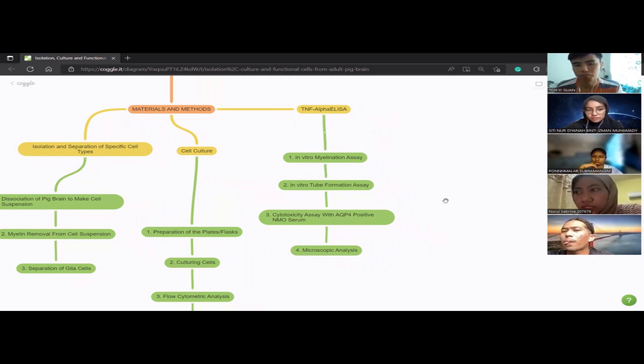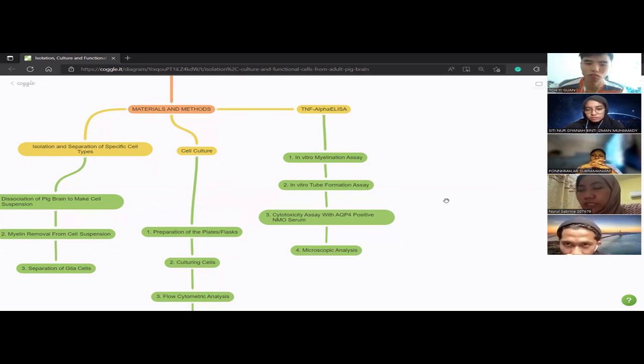The second one is the in vitro neuronal survival assay. So ornithine and laminin in astrocyte media need to be prepared, as well as HBEGF. The third one is the cytotoxicity assay with AQP4 positive NMO serum.